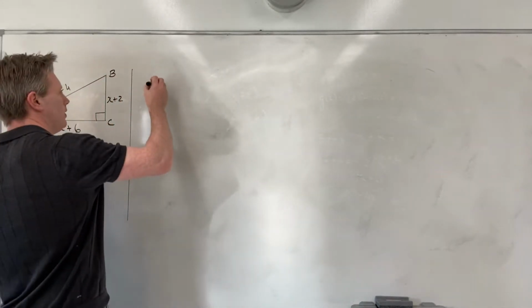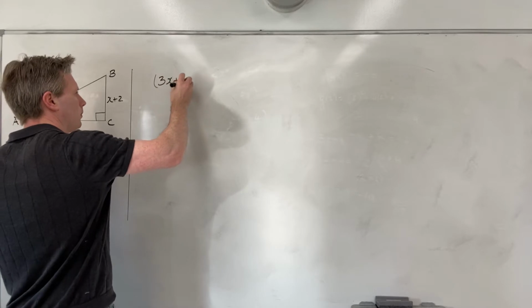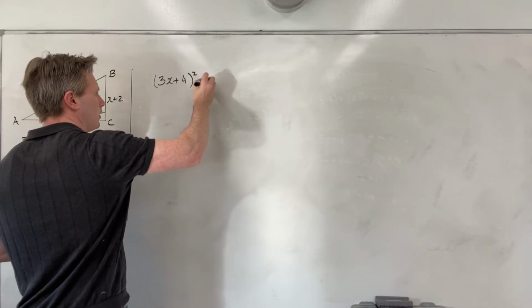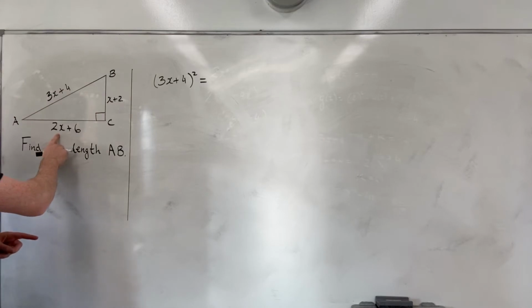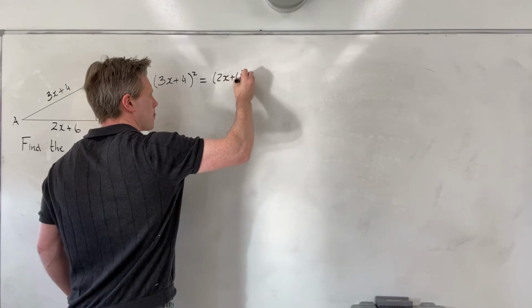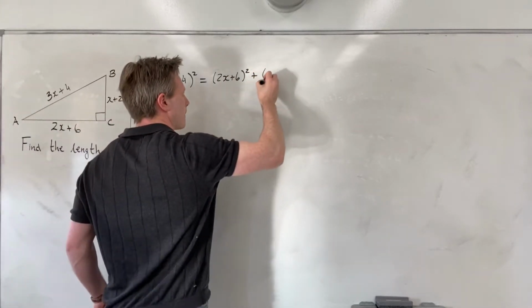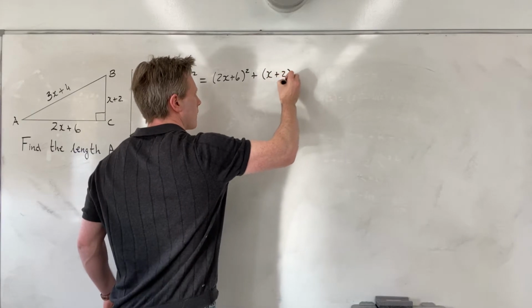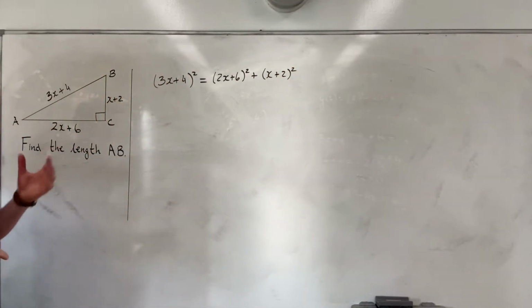That means that 3x plus 4 squared, my hypotenuse squared, is equal to 2x plus 6 squared plus x plus 2 squared. And so it remains for me now to just solve this equation.